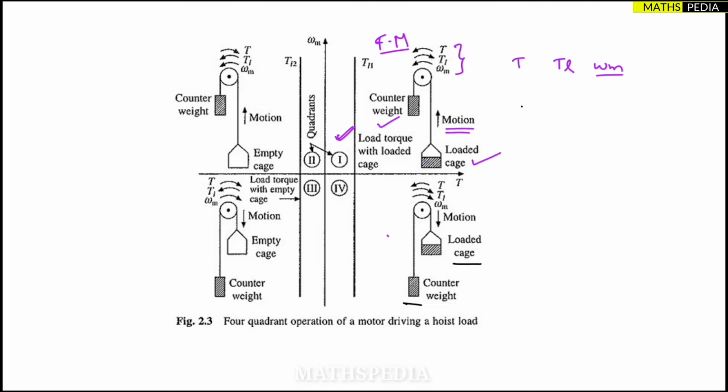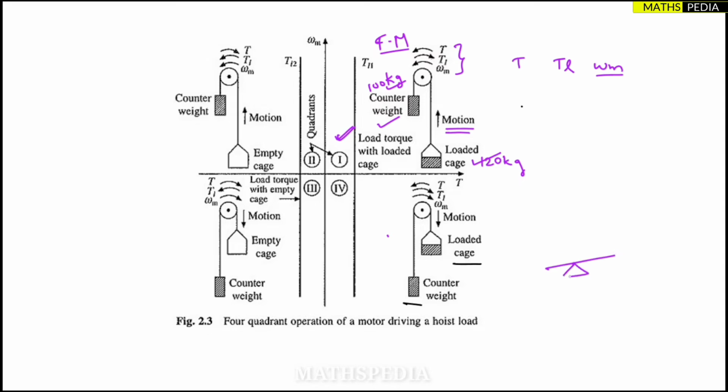As I said before, the loaded cage weight will be more than the counterweight. So loaded cage, let me consider 120 kg. This is all assumptions. Let me consider counterweight is 100 kg, or you can take 150 also, anything is fine. Now, the heavier object, you might have seen a seesaw, right?